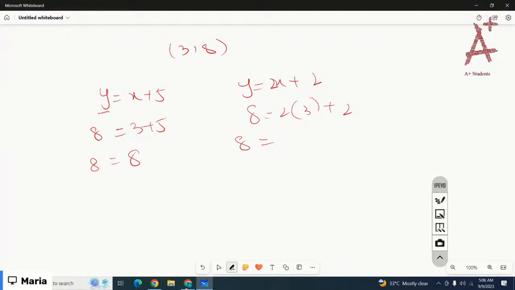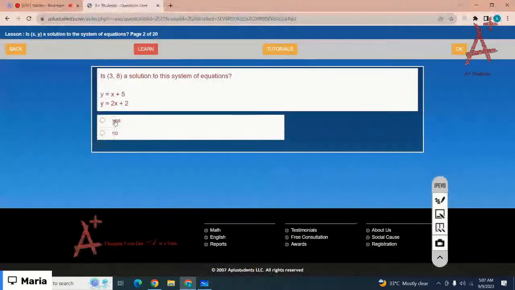Then 3 times 2 is 6, and plus 2 is 8. You can see that when you put the point in both the equations, both sides of each equation are equal. That means (3, 8) is the solution of the system of linear equations. So the correct option is yes, that is the solution of the equations.